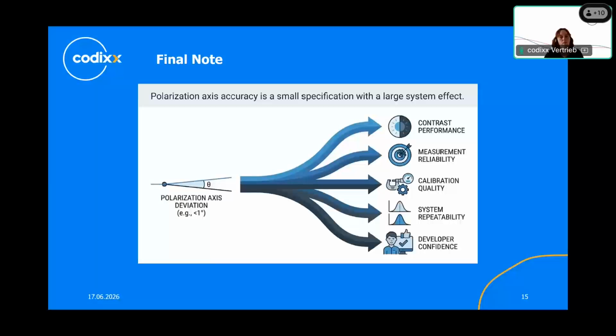It affects how well contrast is used, how reliable measurements are, how much calibration is required, and how repeatable the system becomes from one device to the next. So your main takeaway for today should be: do not treat the polarization axis as a minor mechanical detail, treat it as an optical reference.